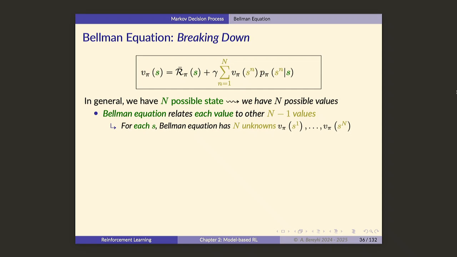You know the policy and the MDP, so you know it. V pi of S3, you don't know it. The next one you know, the next you don't know, and the last you know.